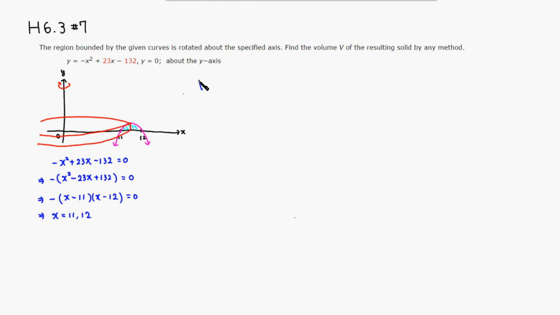So the volume V is equal to 2 pi, which is always there. Then we have an integral. The region is between 11 and 12.